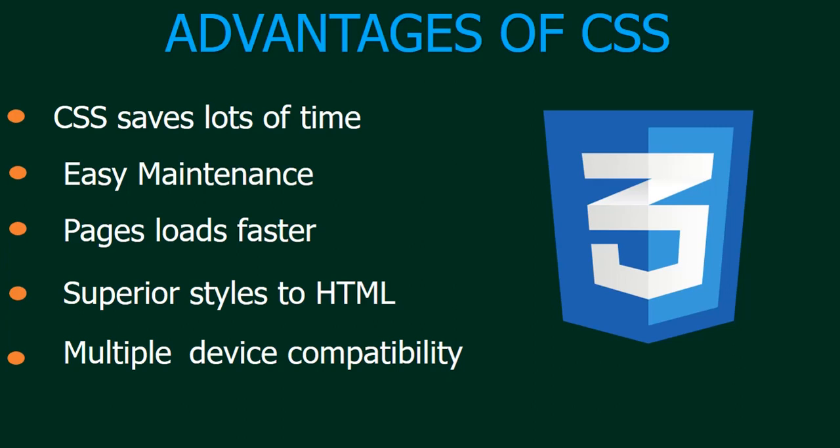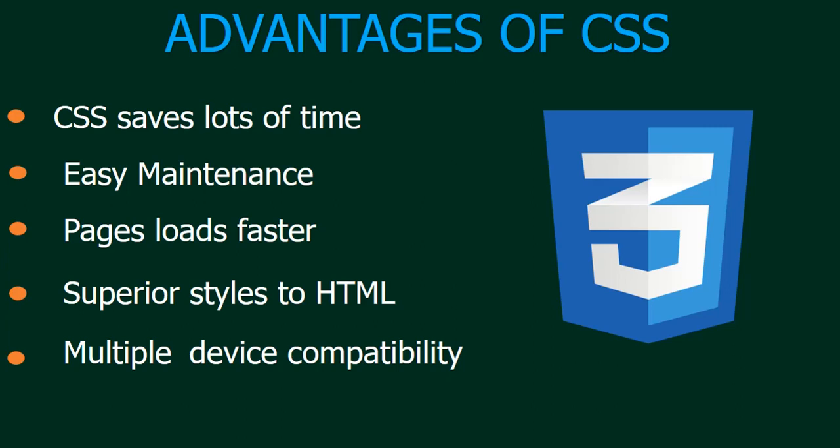With CSS, you can develop websites that are compatible with multiple screen devices. CSS allows web pages to be optimized for more than one type of device or media. Using CSS, the same HTML document can be presented in different viewing styles for different rendering devices such as desktops, cell phones, and so on.